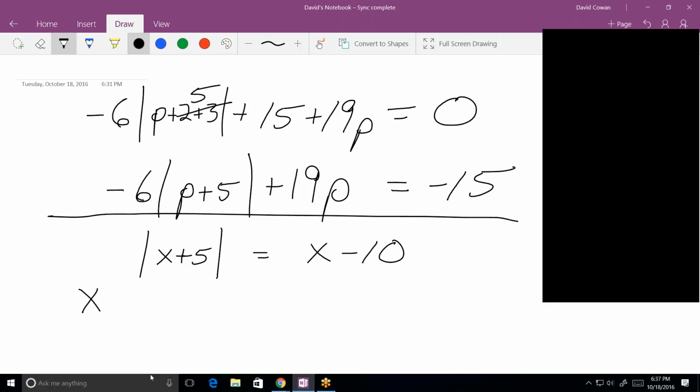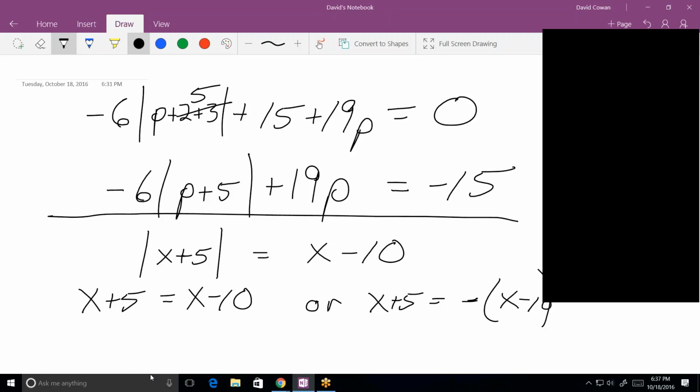That would mean x plus 5 equals x minus 10, or x plus 5 equals the negative of x minus 10. I'm going to be able to do this, so let's use this strategy on our problem.